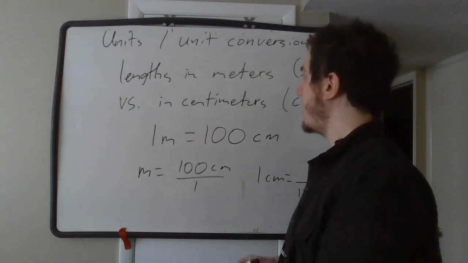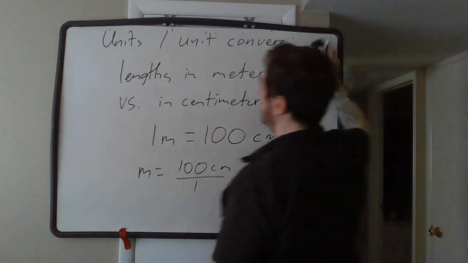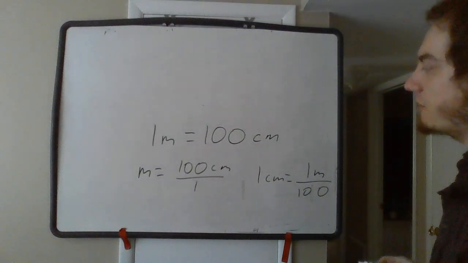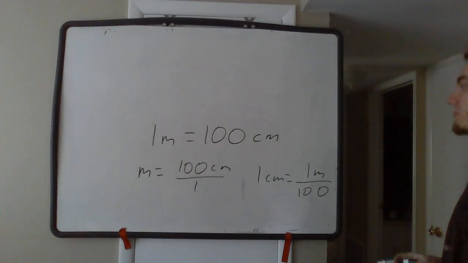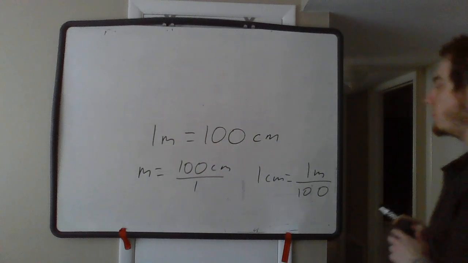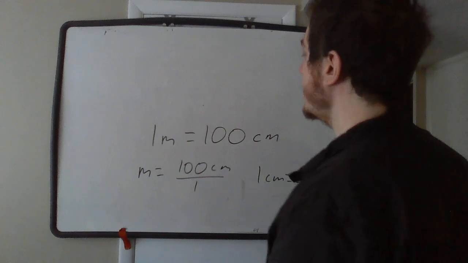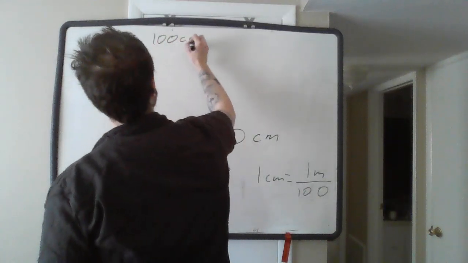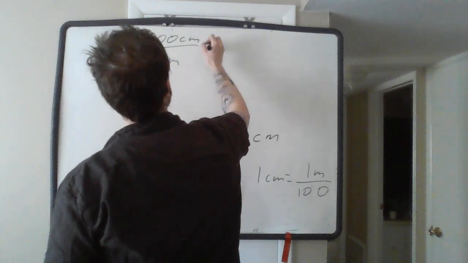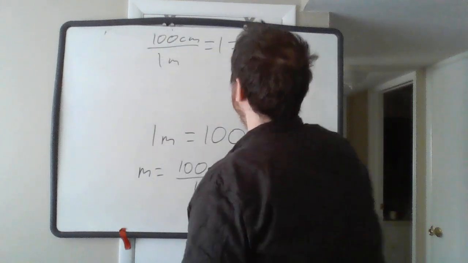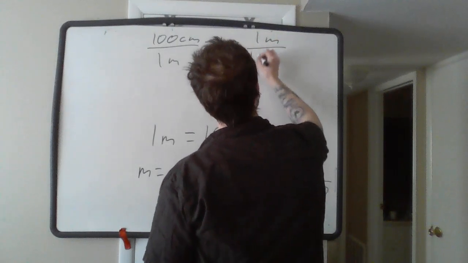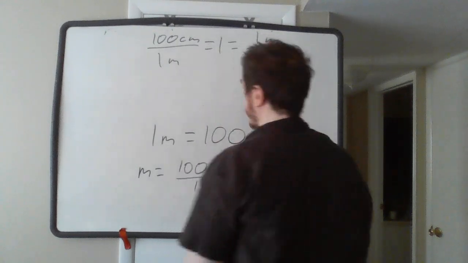Another way of thinking about this is that, and I'm going to have to just write this up here so that I don't have to erase anything. Unfortunately, my whiteboard setup here is not really optimal, but it's what I have to work with. So another way of thinking about this is that 100 centimeters divided by 1 meter is equal to 1, and that's also equal to 1 meter over 100 centimeters.